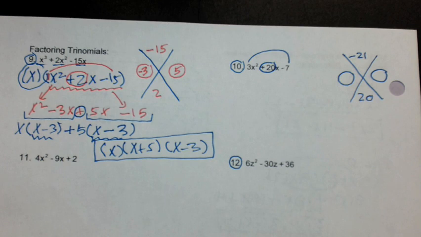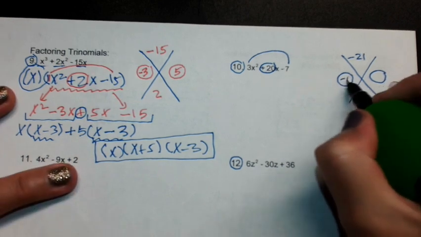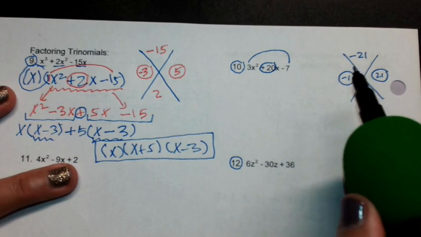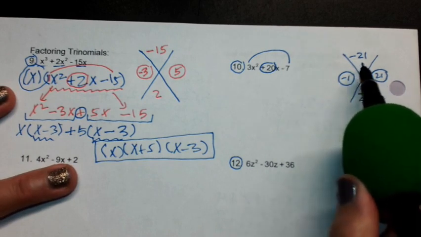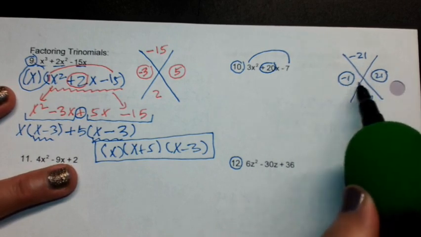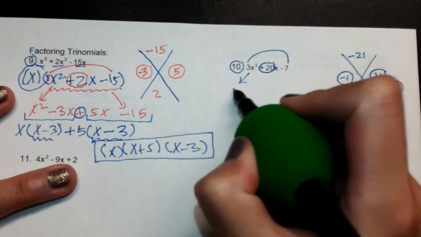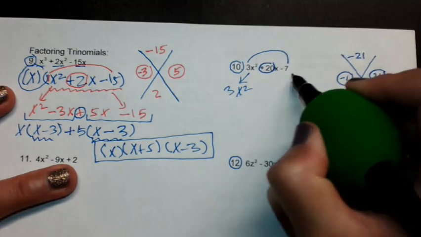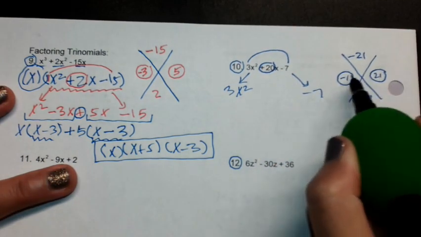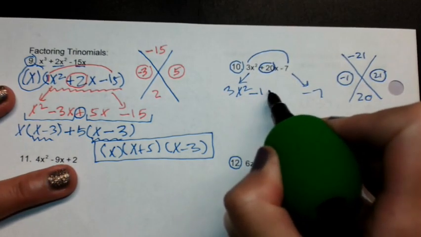Negative 1 and 21? Okay, let's try that. If I multiply these two, do I get negative 21? So negative 1 plus 21, is it really 20? So keep the first one. Keep the last one. And you split the middle with the number that you found.